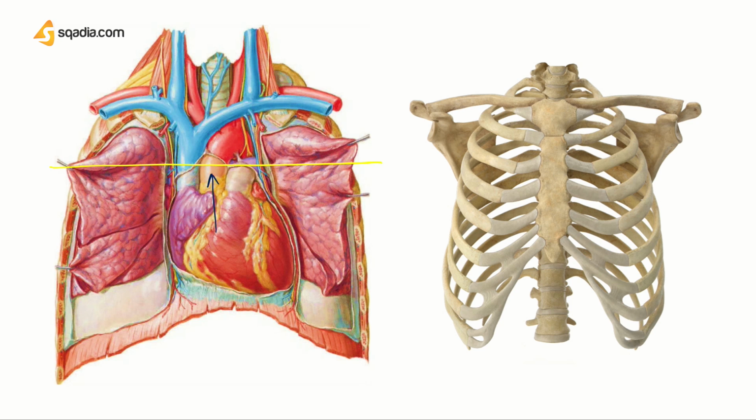This part here is the ascending aorta, so this marks the end of the ascending aorta. And naturally, it will mark the beginning of the arch of the aorta. This is the starting point. And the sternal angle also marks the end of the arch of the aorta. How many is that? 1, 2, 3.